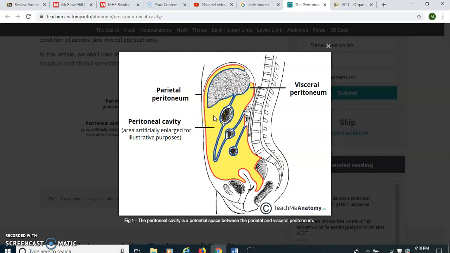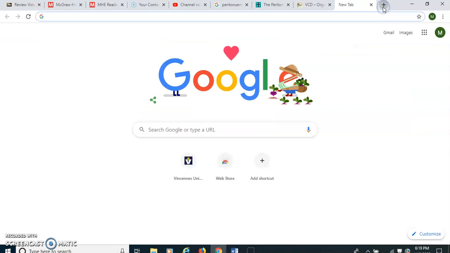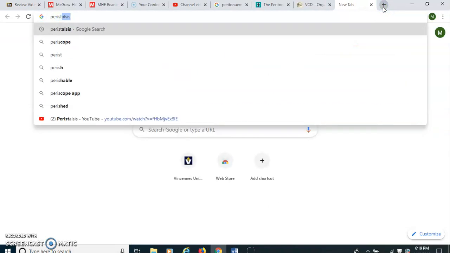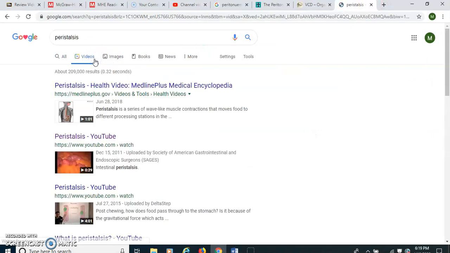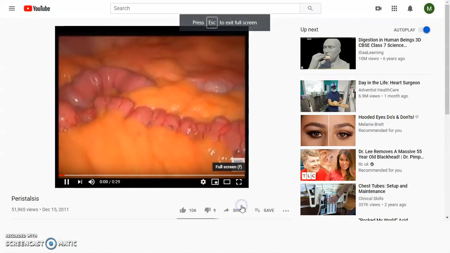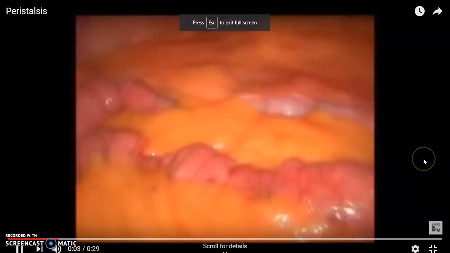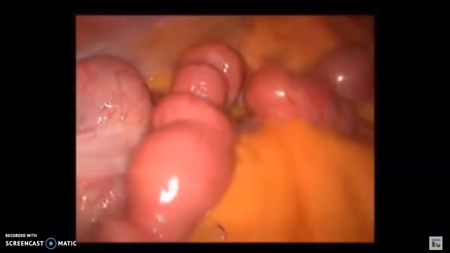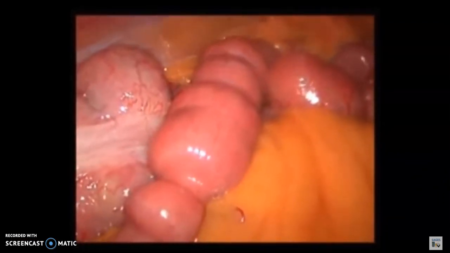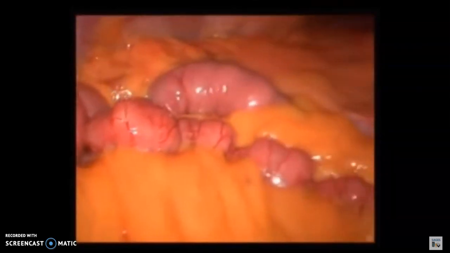That's very nice, because I'll show you a video showing peristalsis, and you can see the movement that's going on within our abdominal cavity. This is with the small intestines, but you can see that mixing and the peristalsis going on.